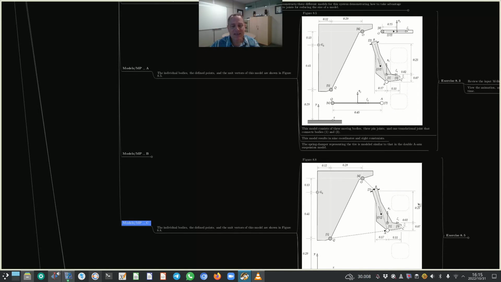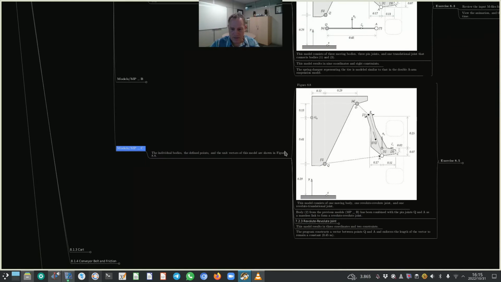The externally applied reaction force, spring damper reaction force, is handled exactly the same in McPherson suspension C as it is done in McPherson suspension B, as it is done in McPherson suspension A. Exactly the same. The thing that I just want to clarify here, which I didn't do in lecture 5, is I just want to show you the details of this revolute joint.